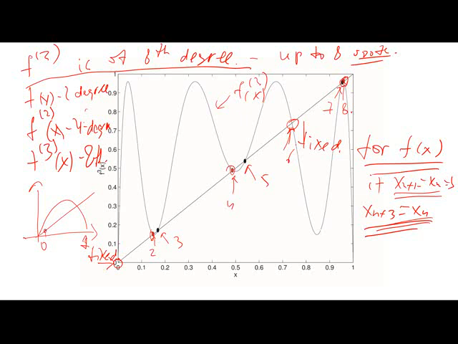this red point, then next will be this, then next will be this, and then I think it will be this, and the next should be this here.